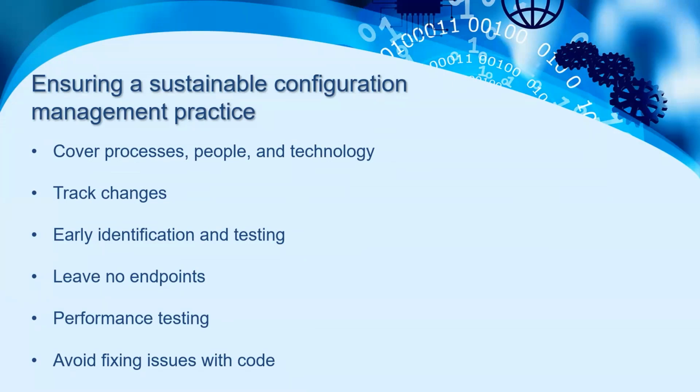So processes in the sense that you have properly articulated and documented process for how the resources within your organization will be utilized. People in the sense that it is clearly defined who will access what and when.